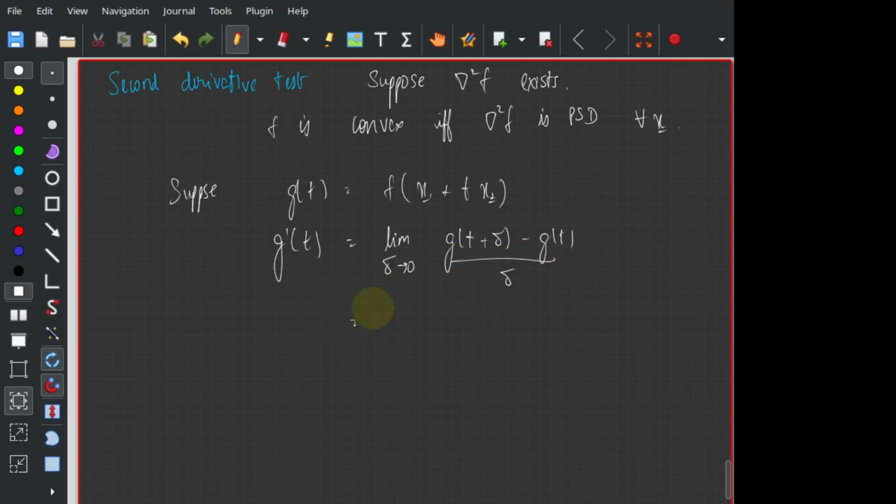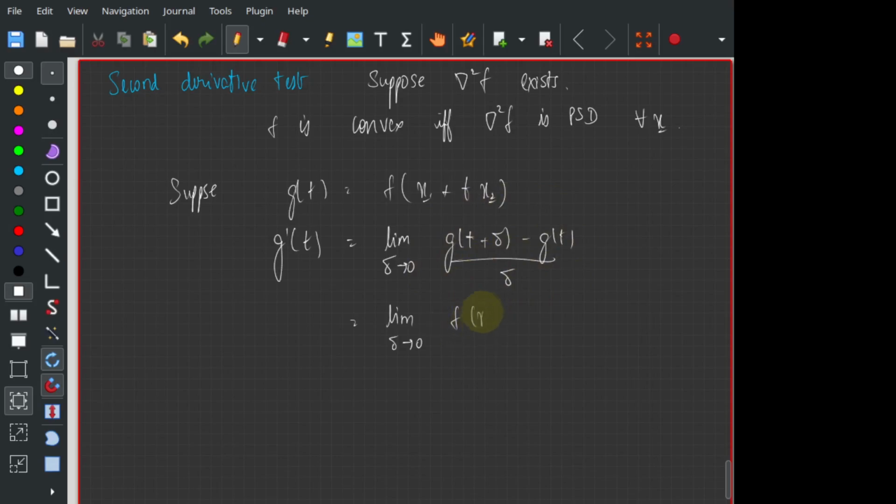But wouldn't it be the gradient function? The gradient dot product. We want to show that. But what is that in terms of f?